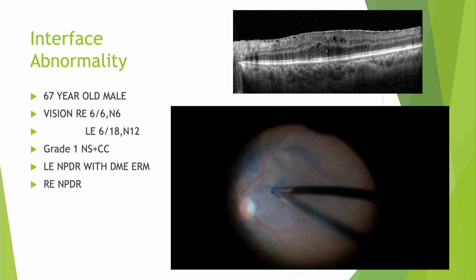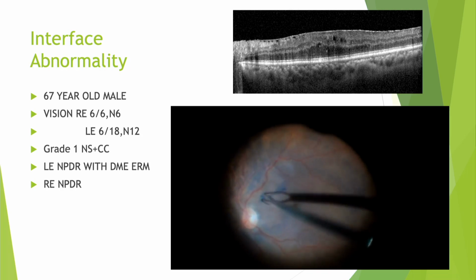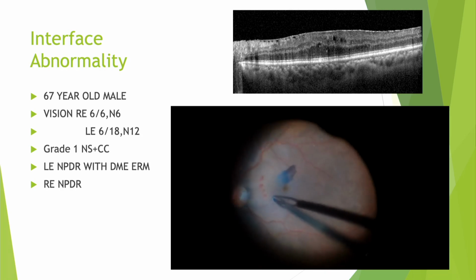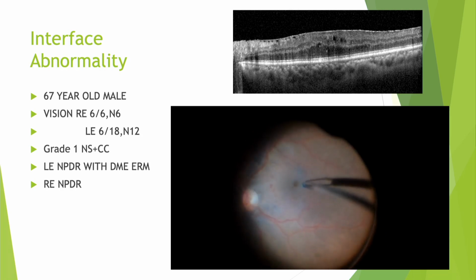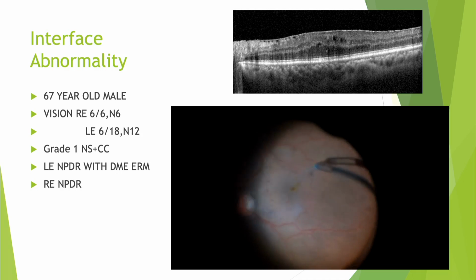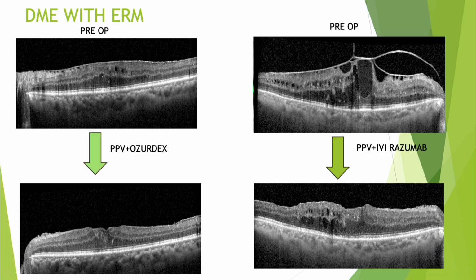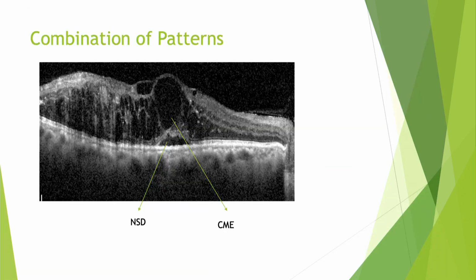And this is one such patient with diabetic macular edema along with epiretinal membrane, who underwent combined phaco with vitrectomy and removal of the ILM and the epiretinal membrane, and these patients do reasonably well when this vitrectomy is combined with anti-VEGF or with the intravitreal DEX implant. More often you have a combination of patterns, like a combination of cystoid edema and neurosensory detachment in this patient.